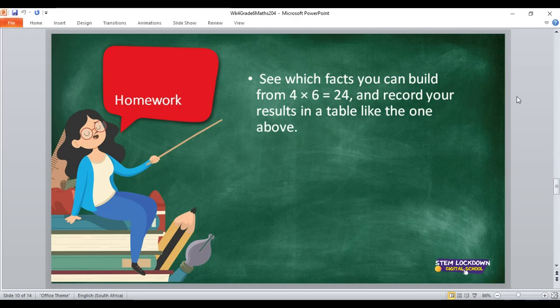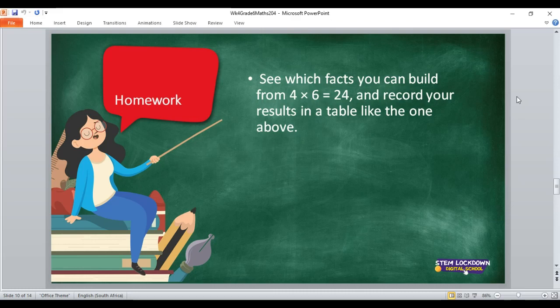We have 4,000 multiplied by 600. We have 2,400,000. Okay, 400 multiplied by 6,000 is also 2,400,000.